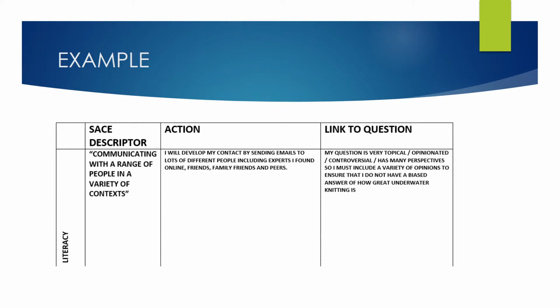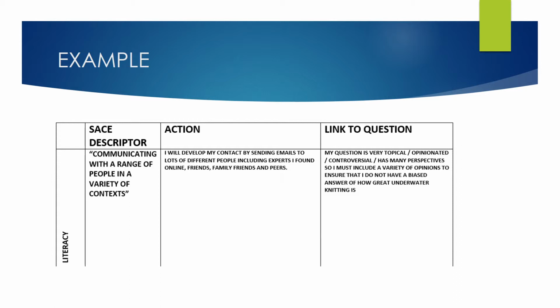A little example that we did as a class in Year 11 is this little table here where we picked a descriptor and we thought about the things that we were going to do practically, and then we looked at how that linked to the question. So this person was going to do underwater knitting as their topic and whether it should be included in the Olympics, and this person picked literacy as their capability because they were communicating with a range of people in a variety of contexts.